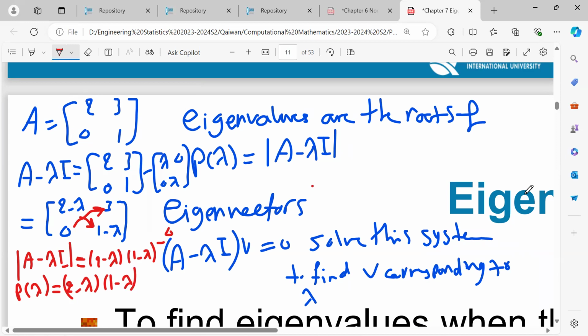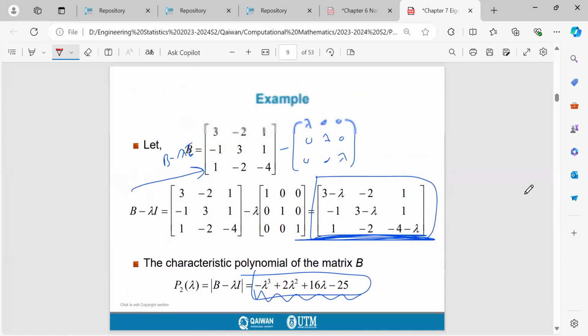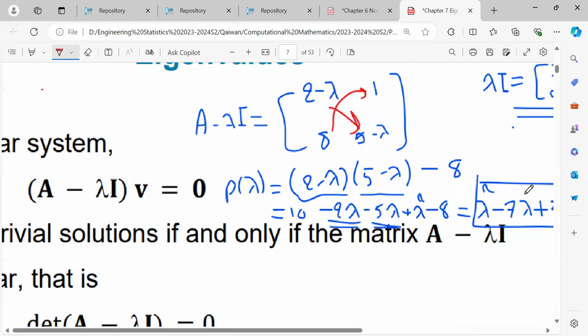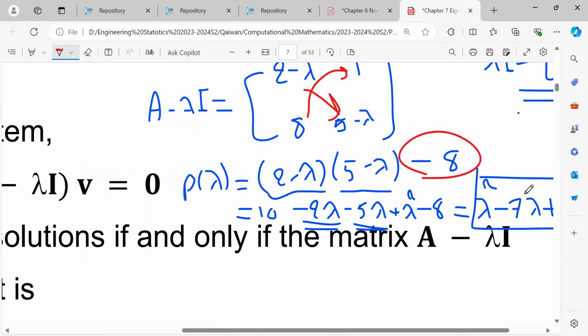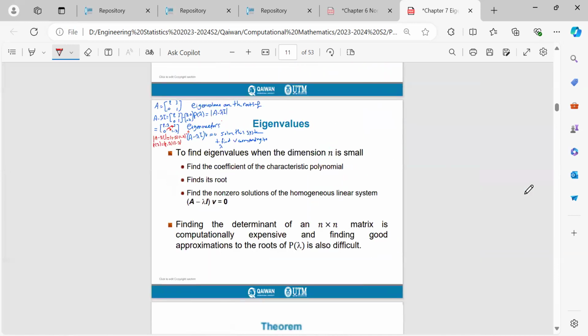But in the previous one, let me go up here, we had this extra term, that's why we needed to expand it, then solve it. But for this one, we don't need to.